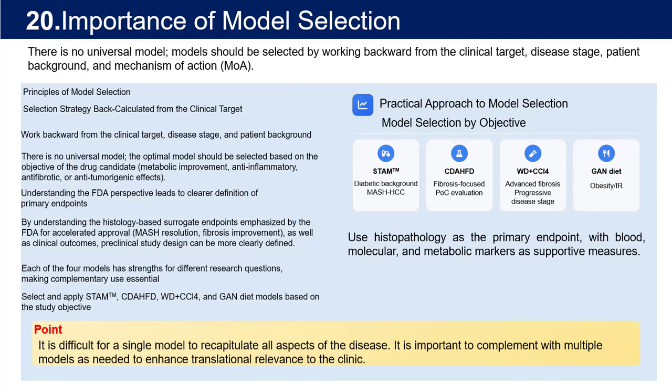Therefore, rather than relying on a single model, it's important to enhance the connection to clinical practice by combining multiple models as needed. In summary, model selection is not merely a choice of methodology, but a critical element directly linked to the development strategy itself. Appropriate model selection enables more accurate decision making.